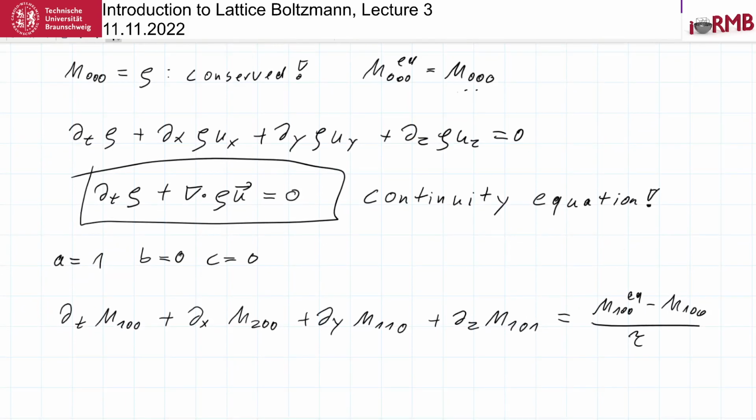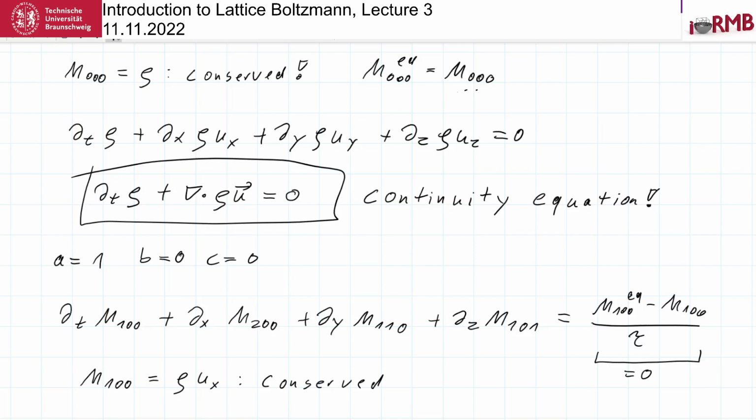Okay, so again, as before, this is 0 because m100 is equal to rho ux, and this is the velocity times the density. If you add the particle mass to it, then it will be the momentum, and this is conserved.